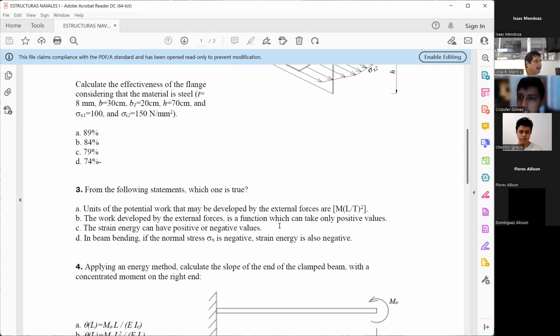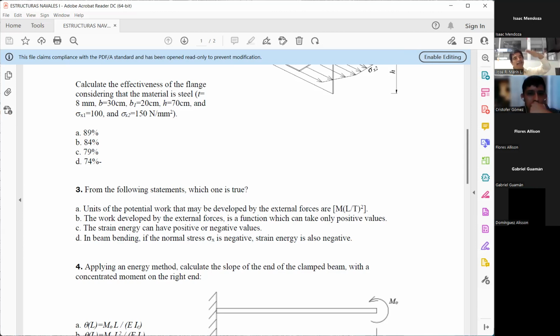Okay. Let's go on. Thank you, Mr. Guaman. What's wrong with option B, Mr. Guaman? That the external force could be positive or negative too. We don't have only positive. Yes, exactly.